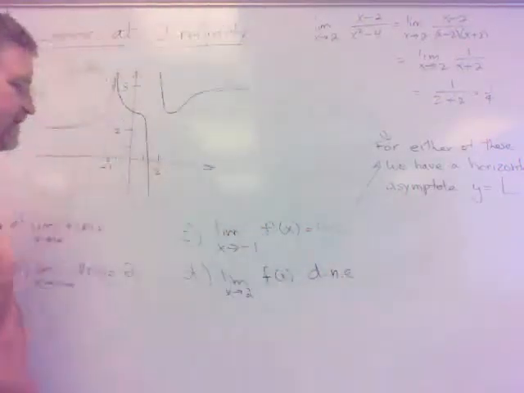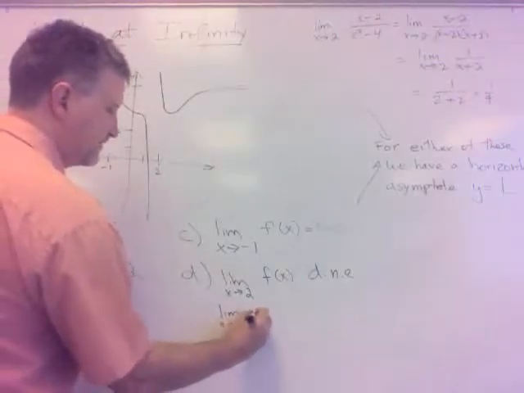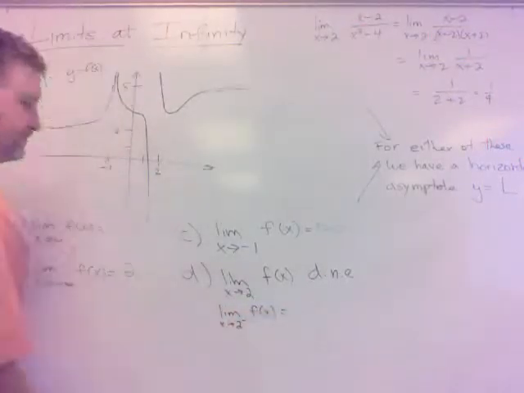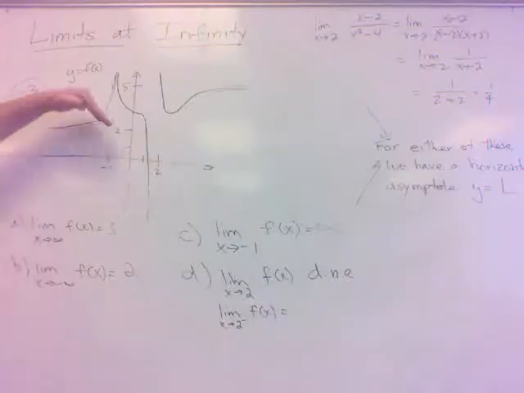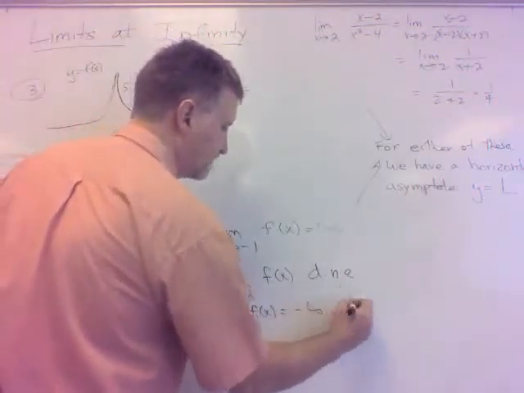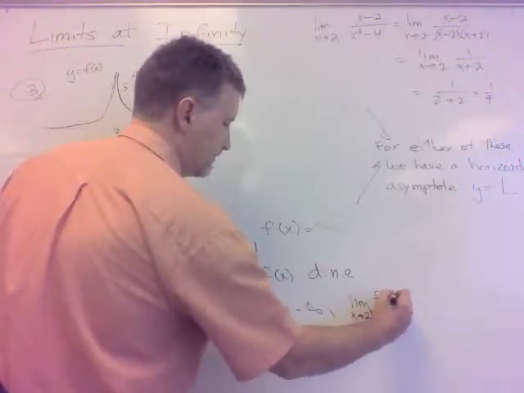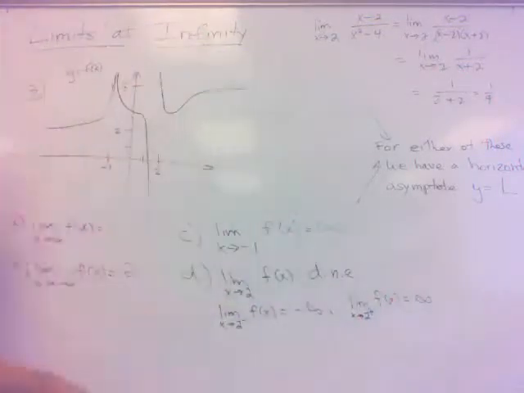Why is that? Well, it's because the limit as x approaches 2 from the left is what? As you approach 2 from the left, it's negative infinity. And as x approaches 2 from the right, that's positive infinity. And the two don't match up. They matched up on -1. Both sides did, but not on that one.